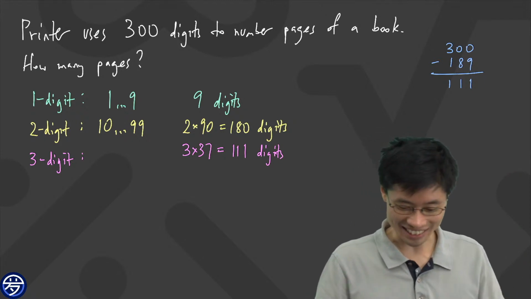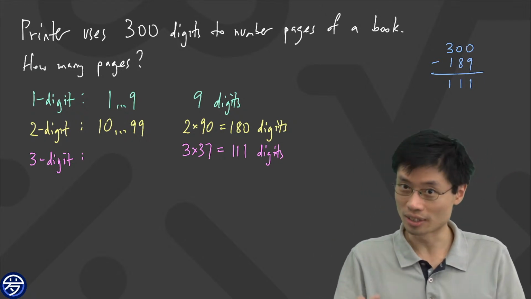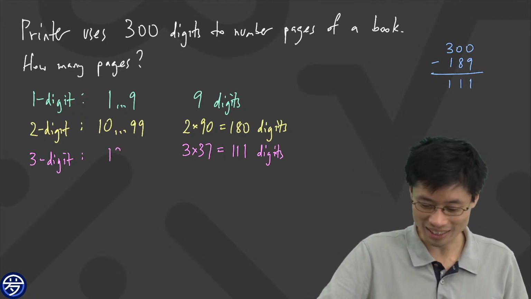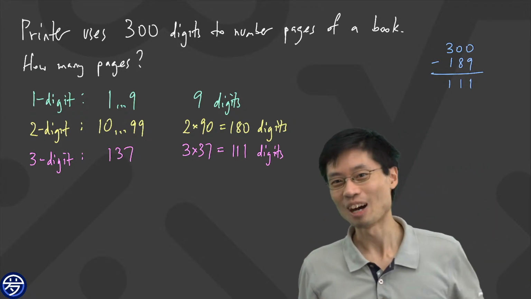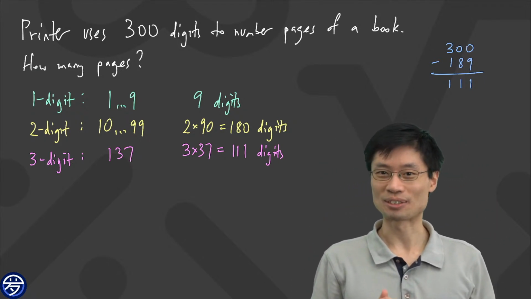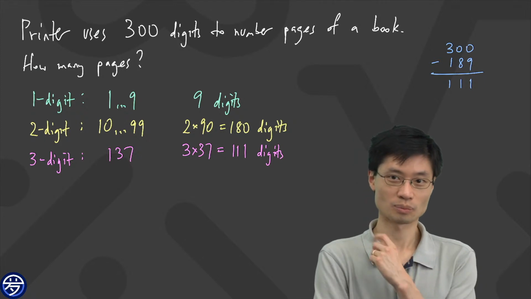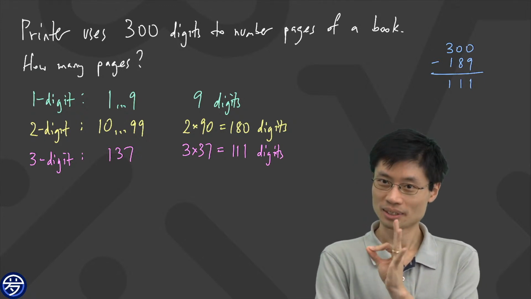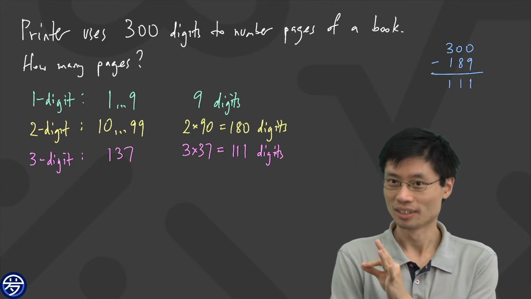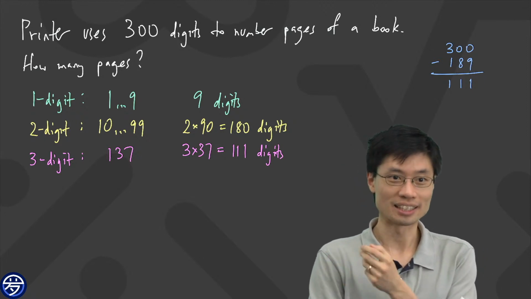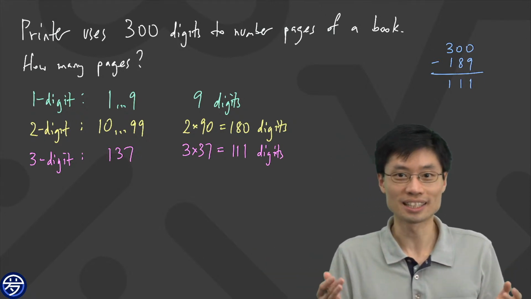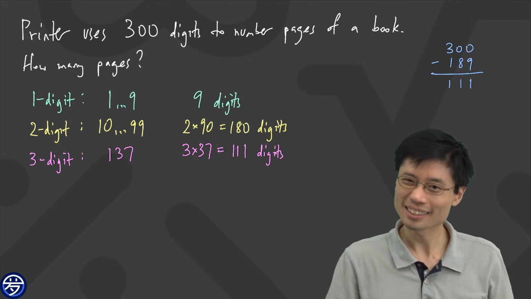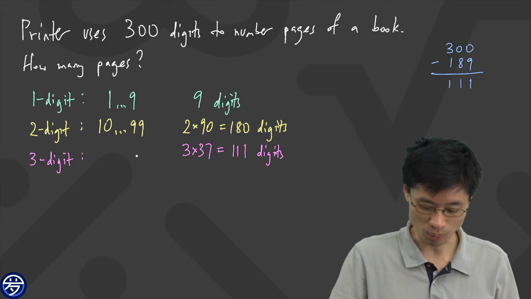Okay, so that's the answer, right? So the answer looks like there are 37 of them, so it's 137. How many people like 137 for the answer? Now, this is a little bit tricky. This is where oftentimes you make a mistake. Actually, it's very common to make a mistake here. The problem is that the first 3-digit number is 100.